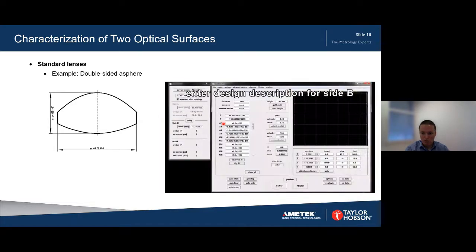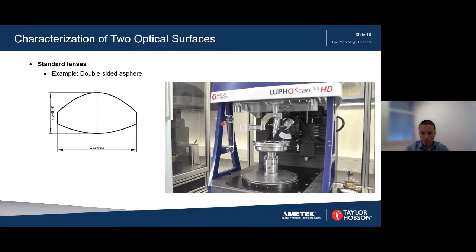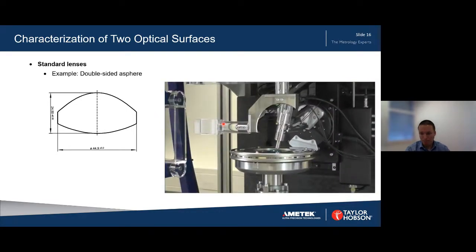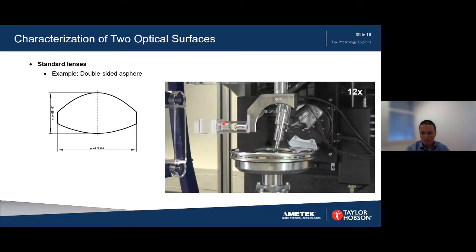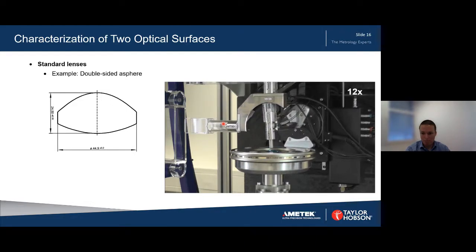Manually flip over, enter the design of side B, and start the measurement of this one. And it's exactly the same procedure, measuring the optical surface.